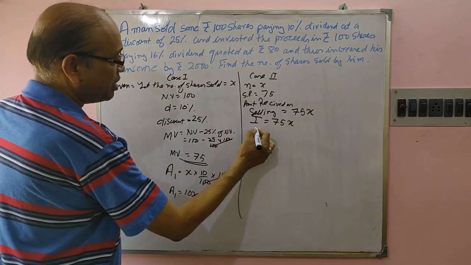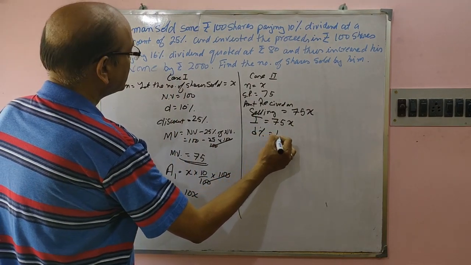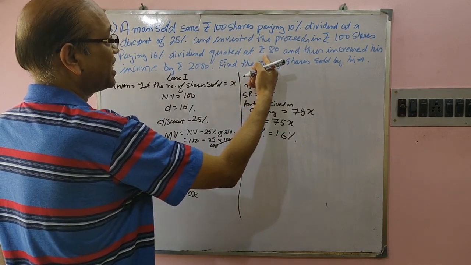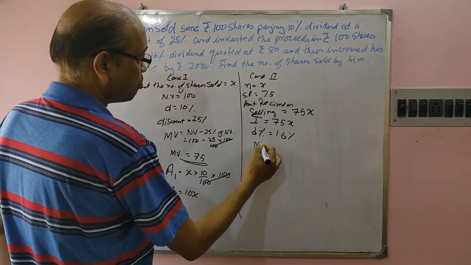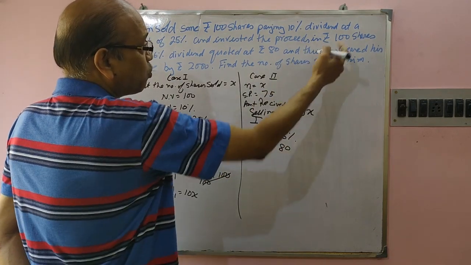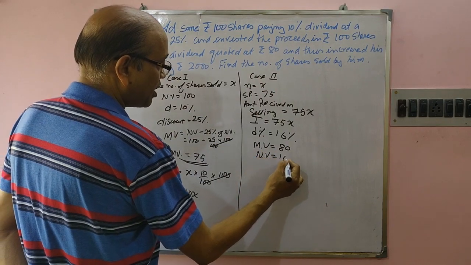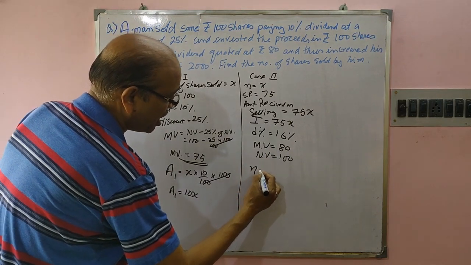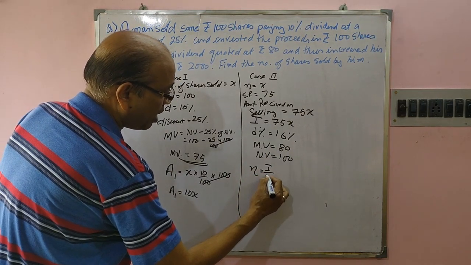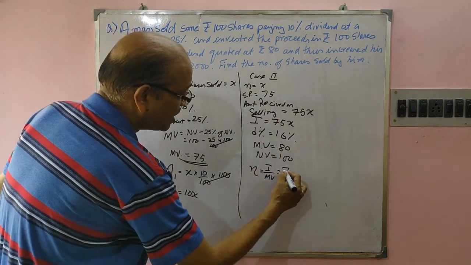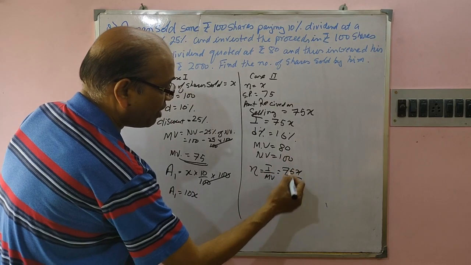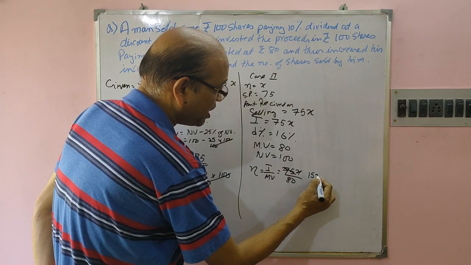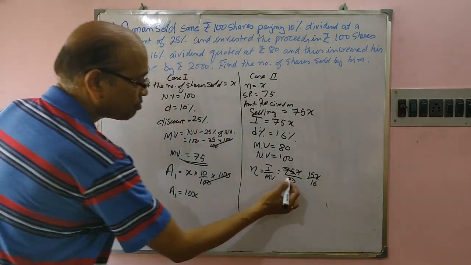He has invested them in shares with D percent how much? 16%, quoted at rupees 80. Quoted at 80 means market value is 80 and nominal value is rupees 100. Then we have to find the annual income, therefore the number of shares. Here the number of shares will be investment by market value. So what was the investment? 75x by market value 80, which means 15x by 16.